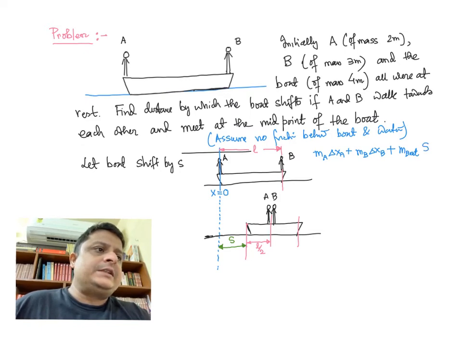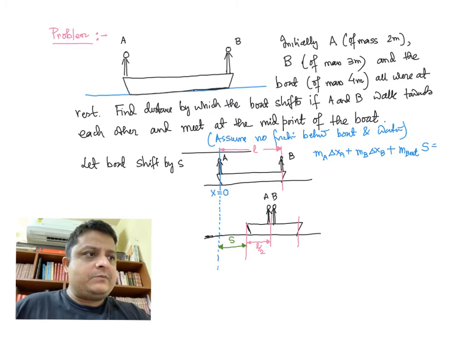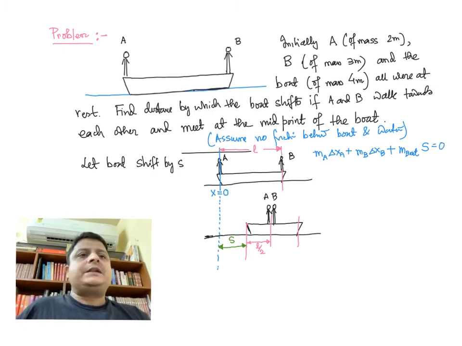We write directly S, since delta x boat is S as we have assumed, is equal to 0. Here it will be 0 because the center of mass of the system of the two persons and the boat will not shift, because the system was at rest before.